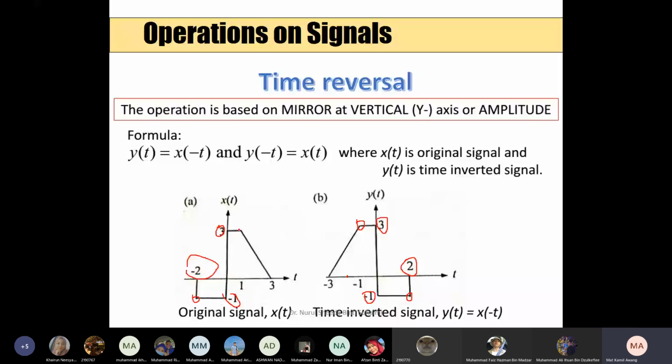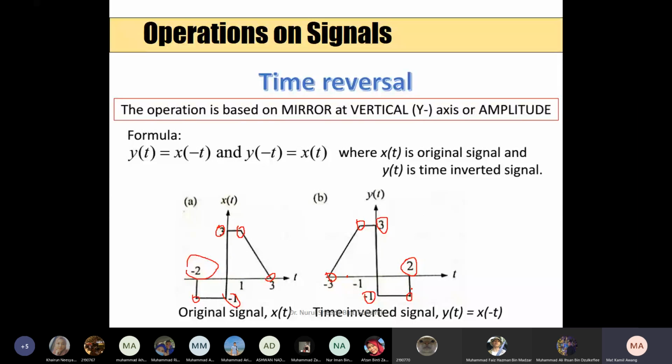And at t equal to 3, it takes the value of minus 3. So it's actually reversed. So this is what happens in the time reversal operation.